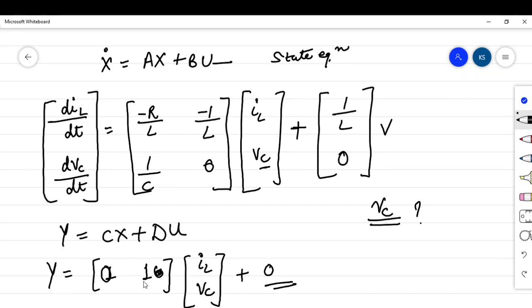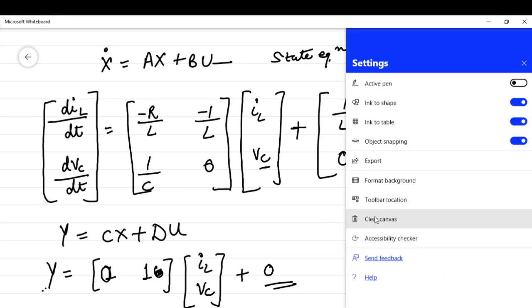So the output equation can be written as 0 1 times IL and Vc, and you can observe that y equals Vc here. In this way we can represent a state space model of an electrical network.